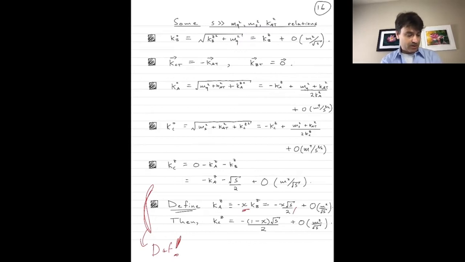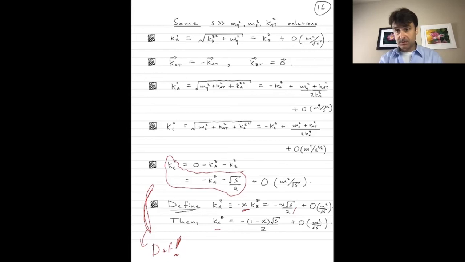And so that means I can write Kaz is equal to a momentum fraction I'm calling x times negative root s over 2. And then from this expression, I can likewise write that Kcz is negative (1 minus x), 1 minus the momentum fraction, times root s over 2. So this is just a combination of definitions and expansions and applications of momentum and energy conservation that'll make the next set of steps simpler.